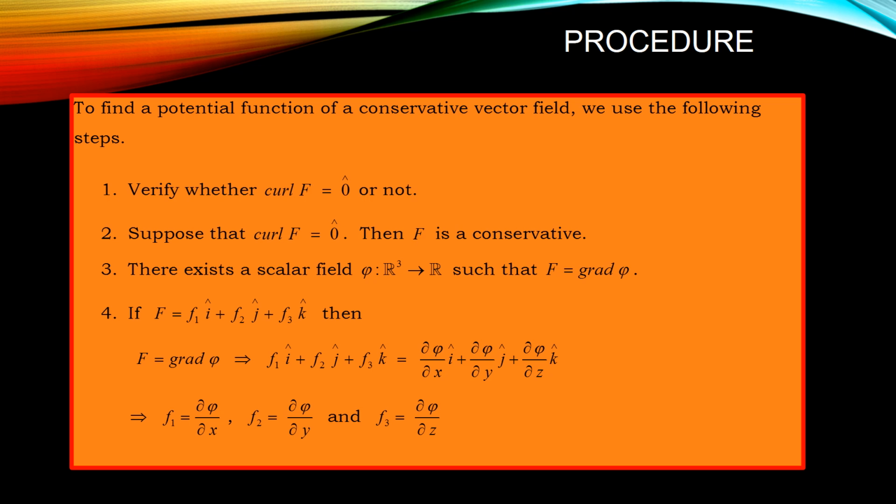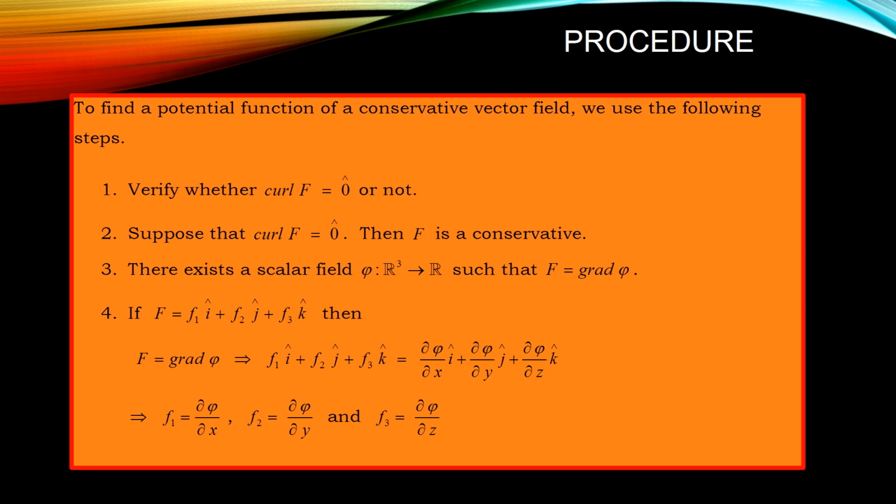Since F equals grad phi, let's equate these two vectors. So f1 i cap plus f2 j cap plus f3 k cap equals dou phi by dou x i cap plus dou phi by dou y j cap plus dou phi by dou z k cap.